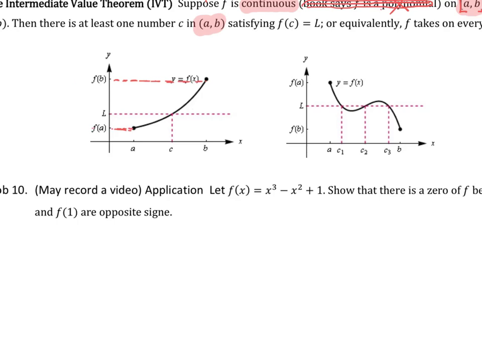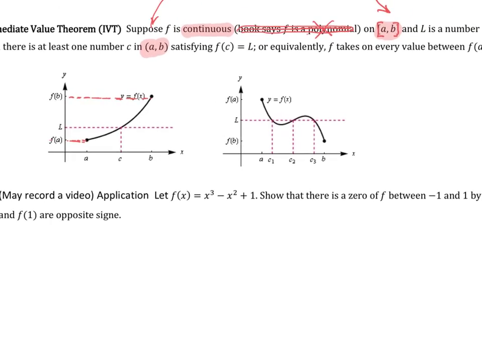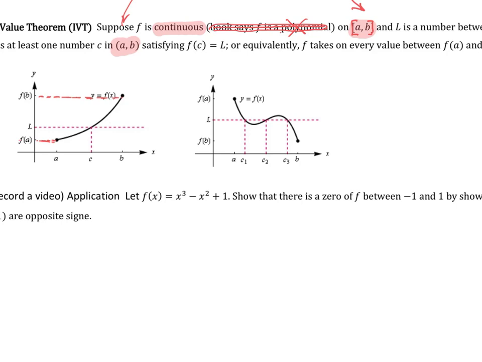Now, let me zoom out a little bit here. Let's take a look at another graph. This time, this is f of a, this is f of b, right? And this function is continuous starting at point a and ending at point b. Now pick, say, this L value in between f of a and f of b.